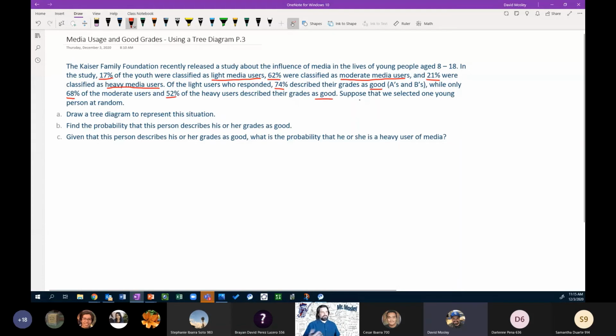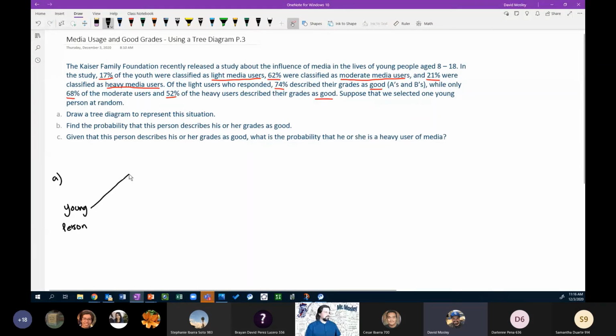All right. Situation is we're going to select one of these young people at random. First, we're going to draw a tree diagram so that we can model this situation along with its probabilities. So we have a young person we're going to choose at random. And there are 3 options from this person.